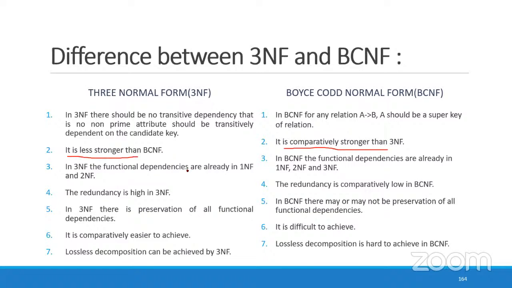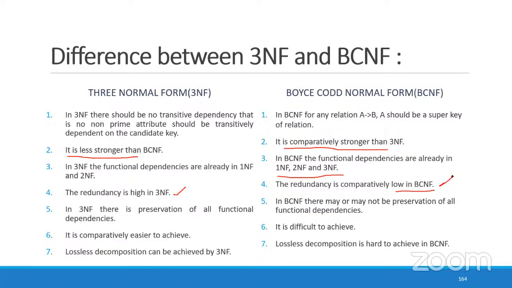In third normal form, the relation is already in first and second normal form. In BCNF, the relation is already in first, second, and third normal form. Redundancy is a little higher in third normal form, and comparatively lower in BCNF.